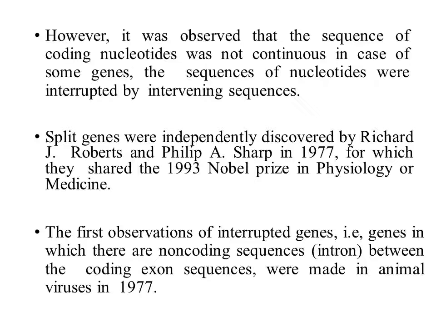Split genes were discovered in the year 1977 by two different scientists, Richard Roberts and Philip Sharp, for which they were awarded the Nobel Prize in the year 1993. The first observation of interrupted genes was made in animal viruses.